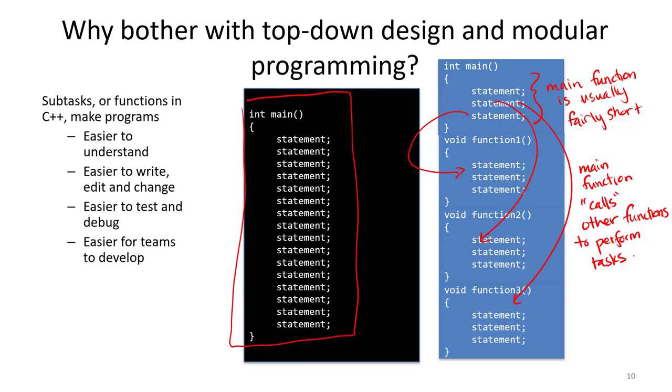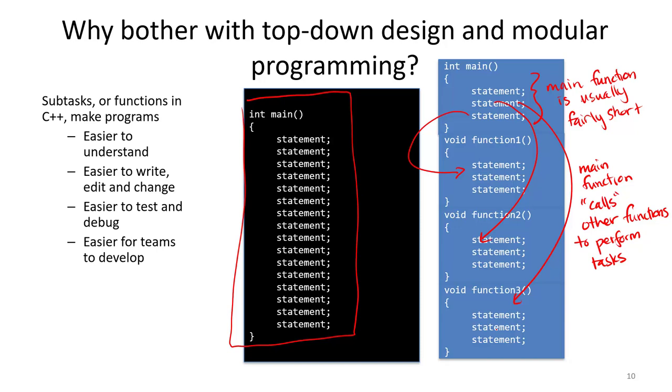So rather than having every single step of your program inside one main function, you instead have a main function that sort of says, okay, do this function, then do this, then do this. The main function is delegating out the tasks of the program to separate other functions. So this is more of that modular programming approach that we mentioned earlier.